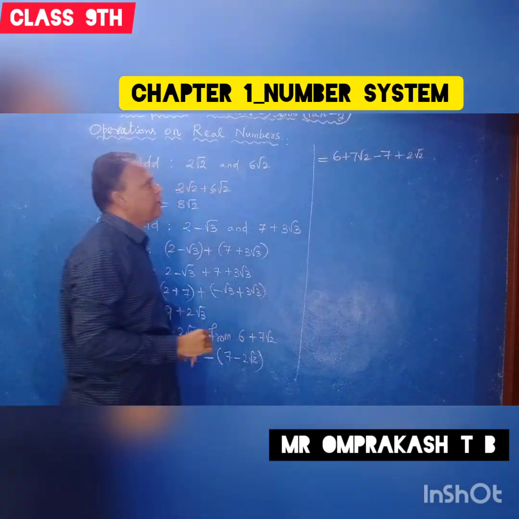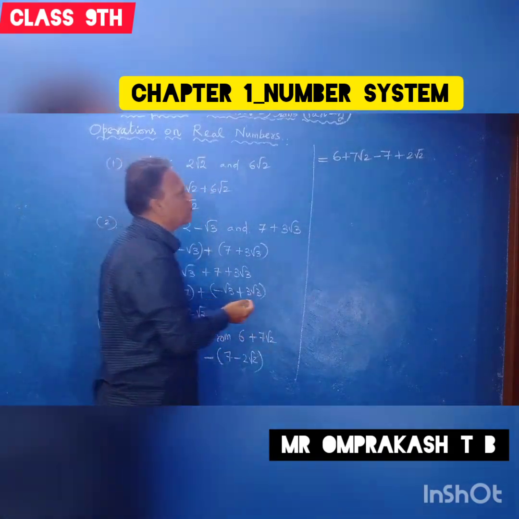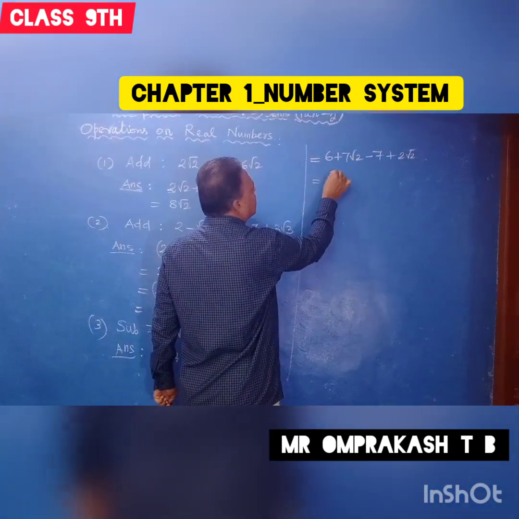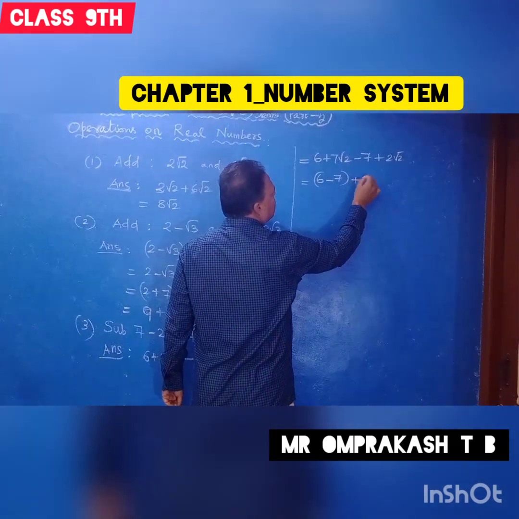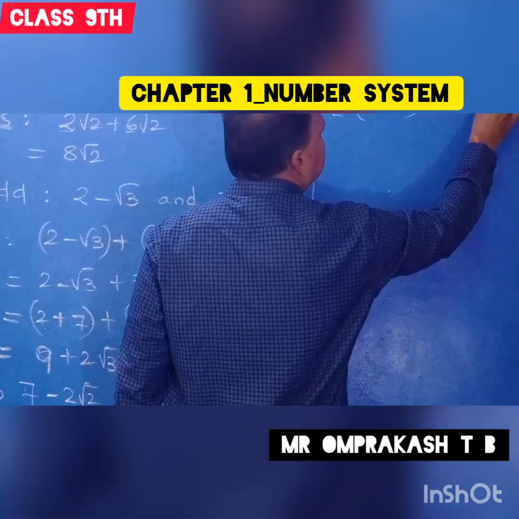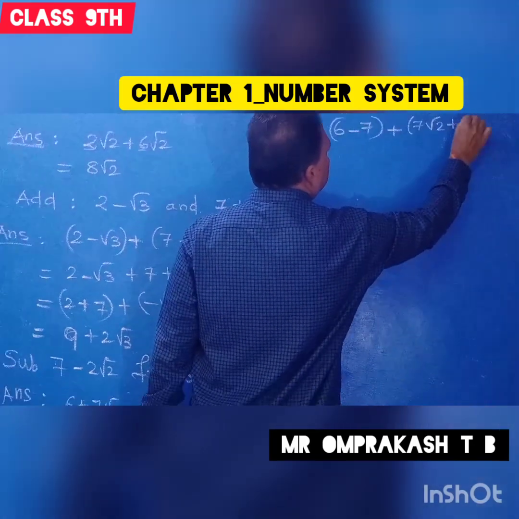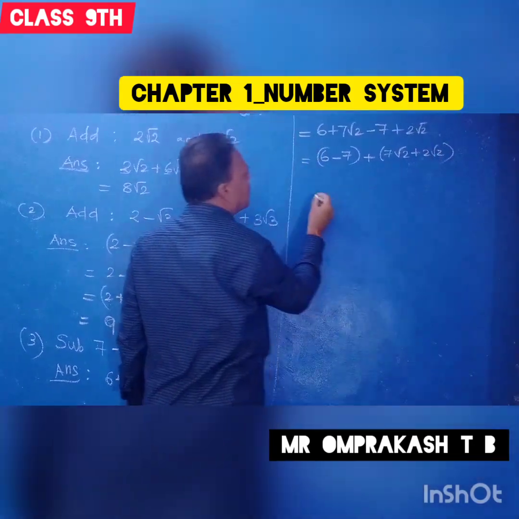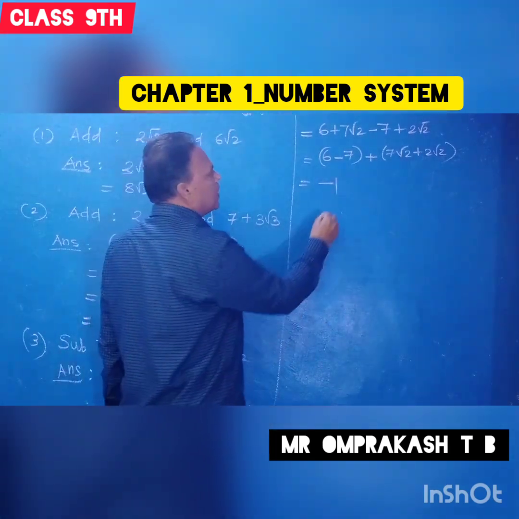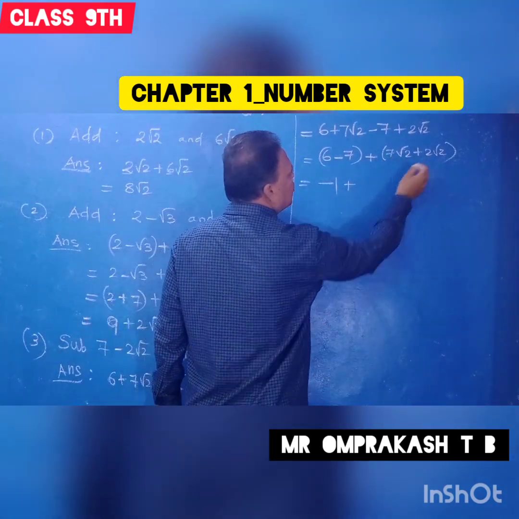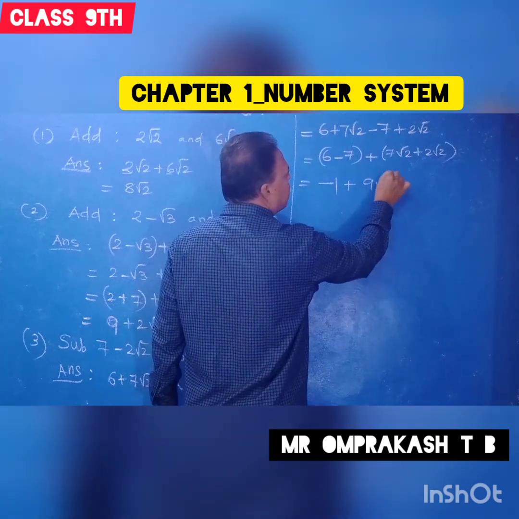Clear? Now what you have to do, you group it. First the integers, 6 minus 7. Then the irrational numbers alone you group, plus of 7 root 2 plus 2 root 2. So 6 minus 7 is minus 1. Plus here 7 root 2 plus 2 root 2 is 9 root 2.